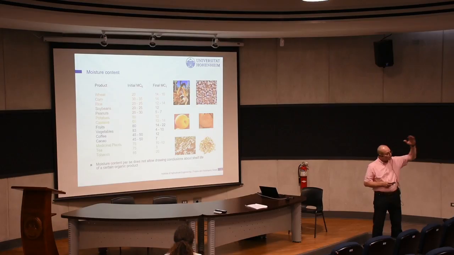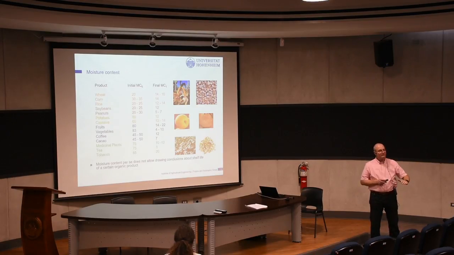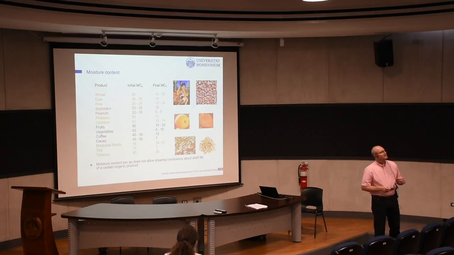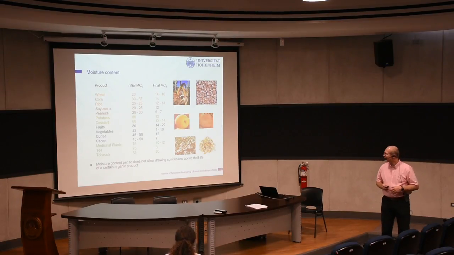There is a ranking: sugar, starch, fiber, and the mix of these components makes the hygroscopicity of the product and governs the recommended final moisture content. For tea, it's extremely low, to keep its properties.